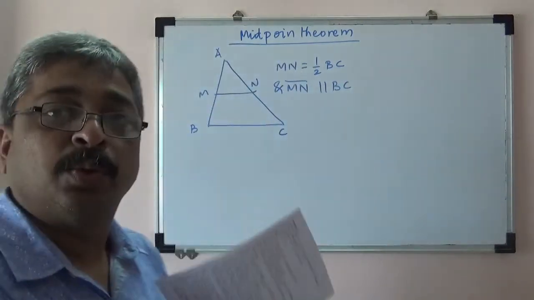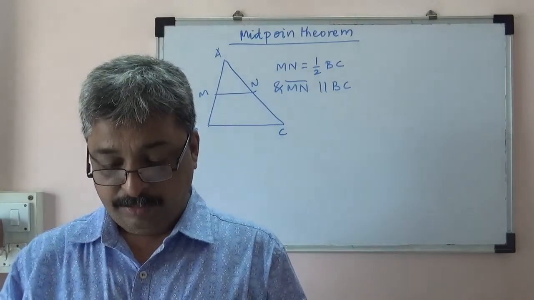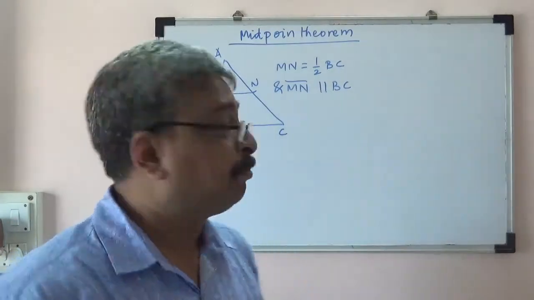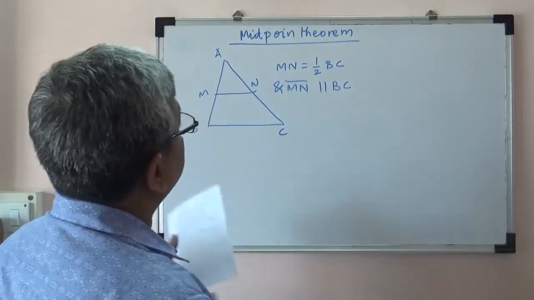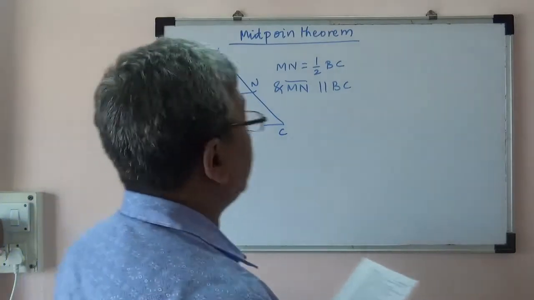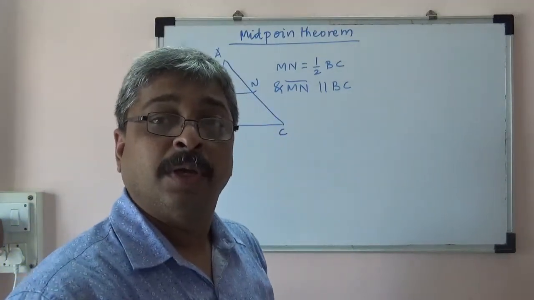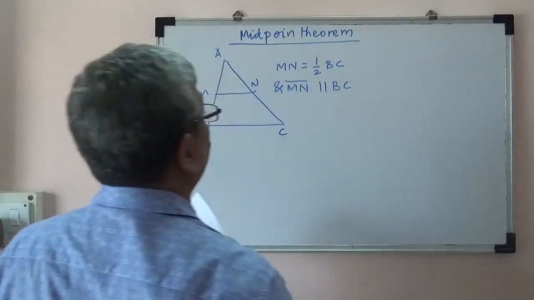So these are the two important things that the midpoint theorem gives us. Basically, this is a very important theorem in geometry, and the proof is extremely interesting, a bit difficult, but I suggest you try your own, else go through the video to understand the proof.